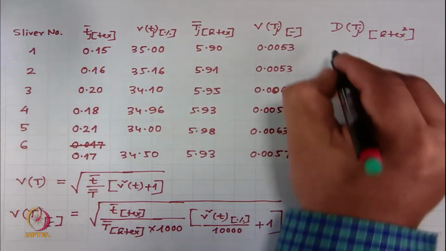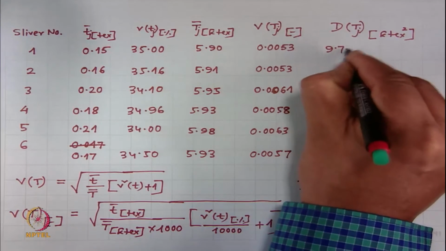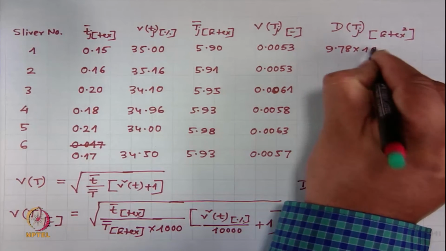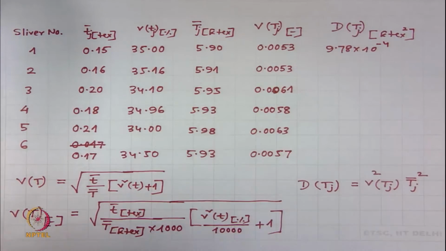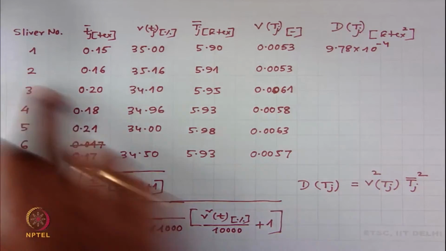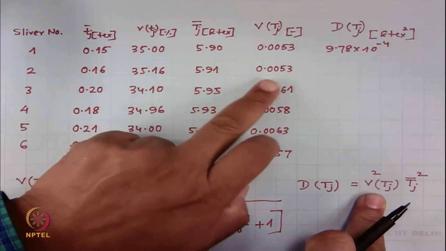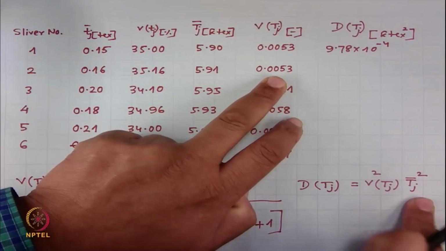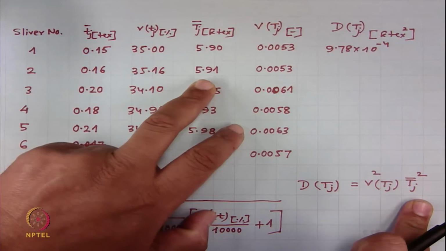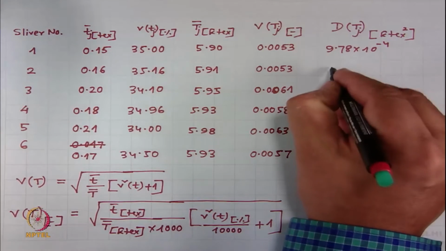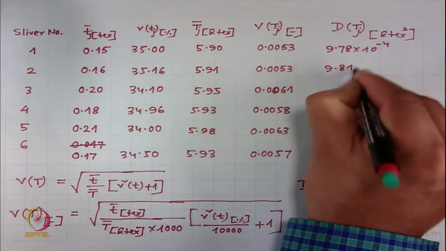So, you will get this value. For the second sliver, 0.0053 square multiplied by 5.91 square, this will give you a little different value.